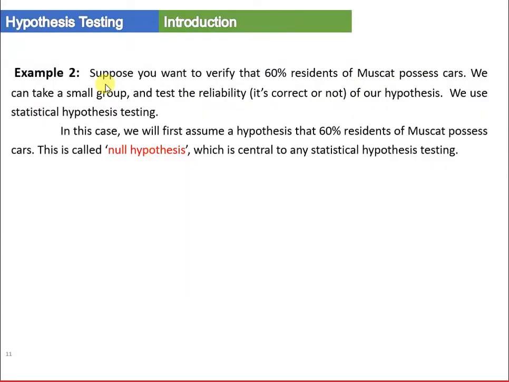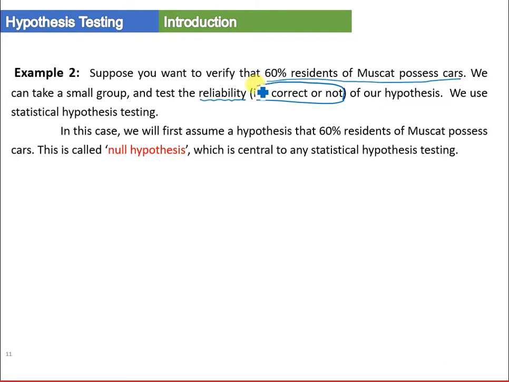So in this example, suppose you want to verify that 60% of the residents of Muscat possess a car. This is the statement that you want to test. Now, we can take a small group and test the reliability. When we are talking about reliability, it means we are checking whether it is correct or not.